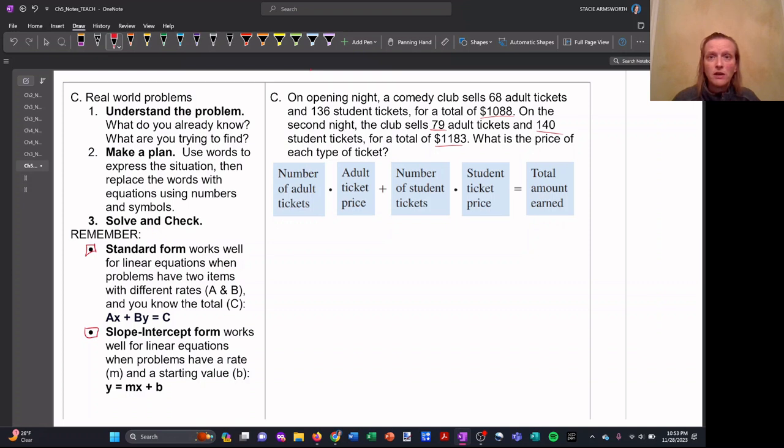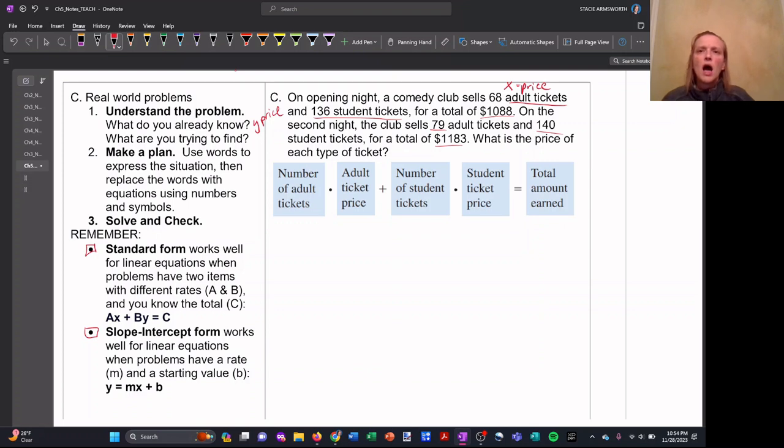So let's define our variables so we know what they are. I'm going to say x is the price of the adult tickets here. And I'm going to say y is the price of the student tickets. Okay.